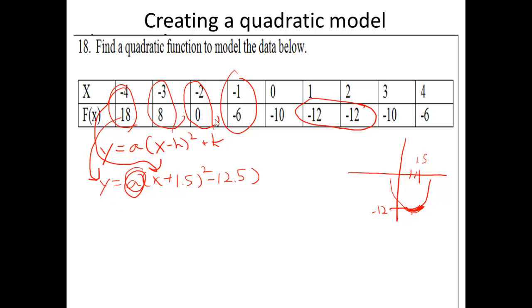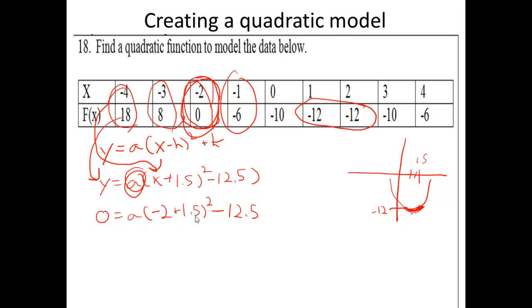So I'm going to pick a point with a 0 in it. So I'm going to pick this point right here. Negative 2 and 0. So y is equal to 0. So 0 is equal to a times x, which is negative 2, plus 1.5 squared minus 12.5.